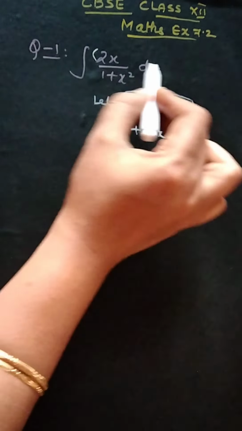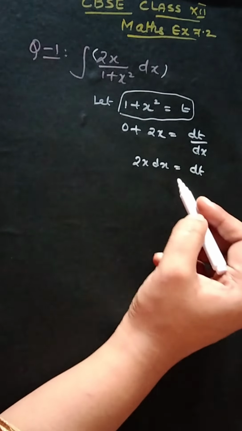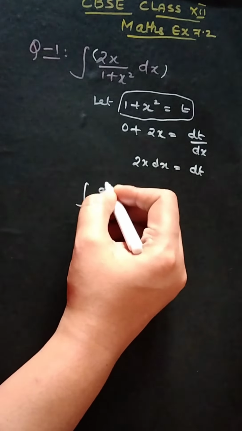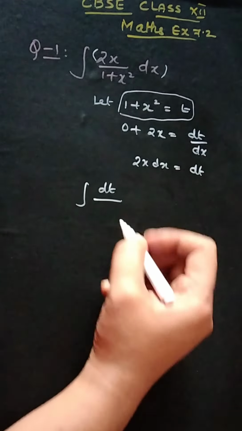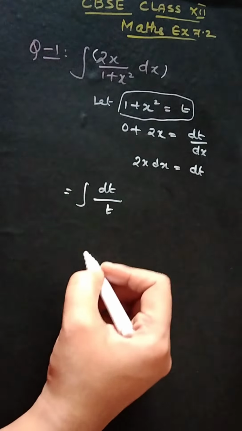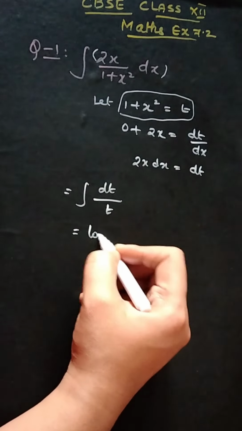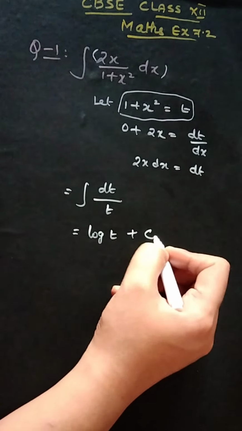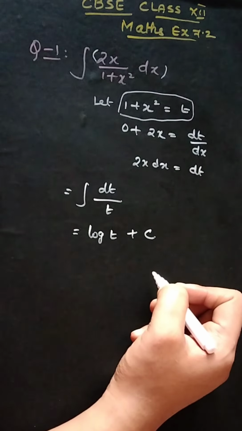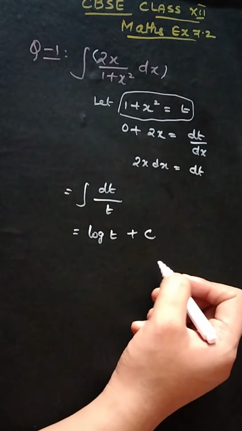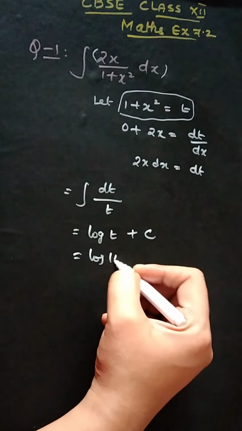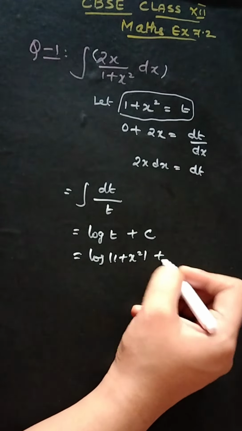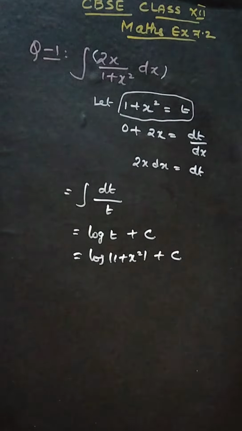In place of 2x into dx, we are going to replace it as dt, and 1 plus x square as t. When we integrate this, we get log t, and we have to express the final answer in terms of x. Whatever we have taken as t, substitute it back. So log of 1 plus x square plus c is the final answer.